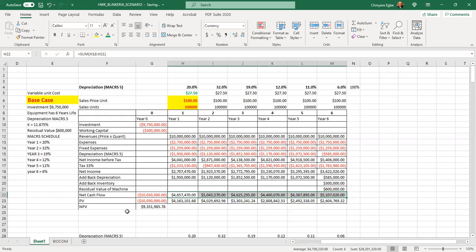Okay, and so now the present value for each of them, you know how to calculate the net present value, which is, and I'm going to take that off.